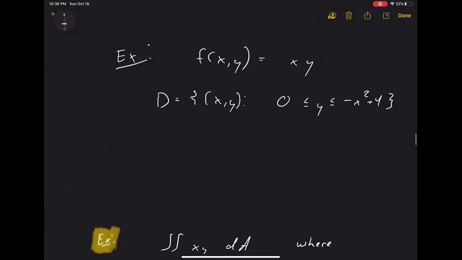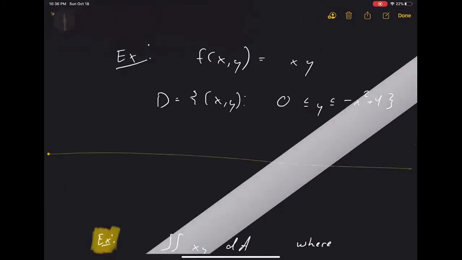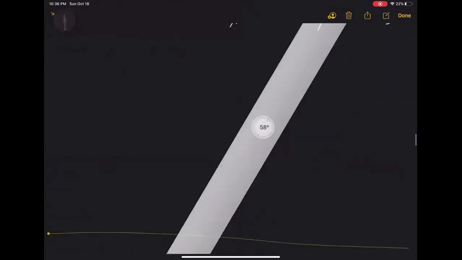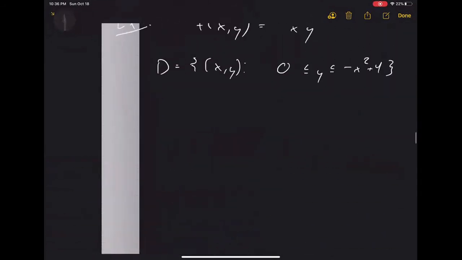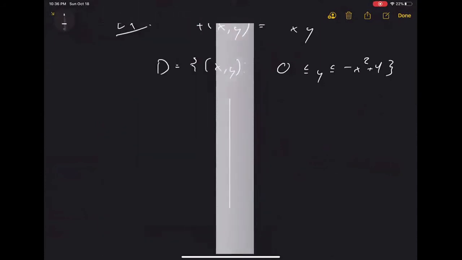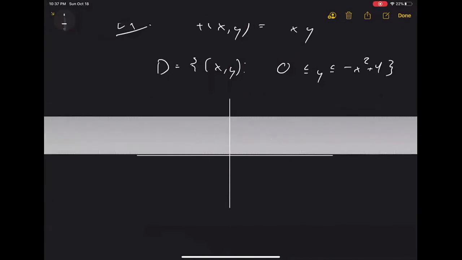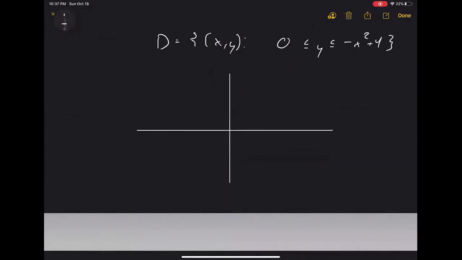Okay, so let's draw this region. We're not really given any information about what our x's should be, so to figure that out, maybe we need to draw a picture. Let's draw our domain. If I had y equals negative x squared plus 4, what is that?